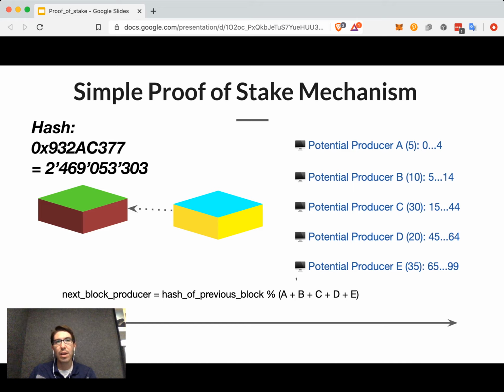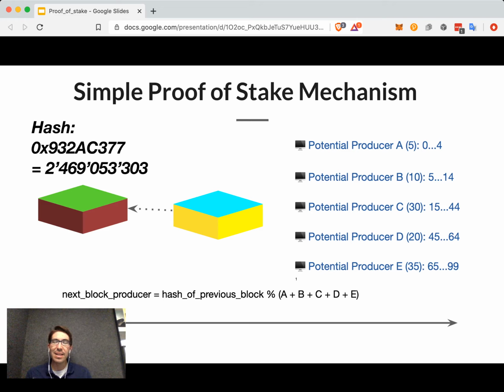the equivalent of 2,469,000, et cetera, we take that modulo 100, and based on the result of that, we select the next producer. So we can see here there is now a block producer selection mechanism.